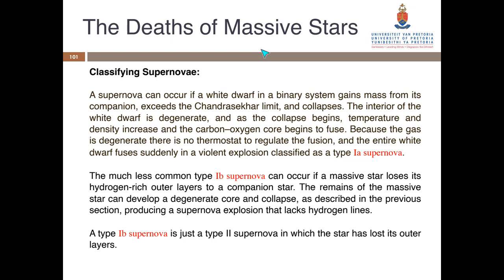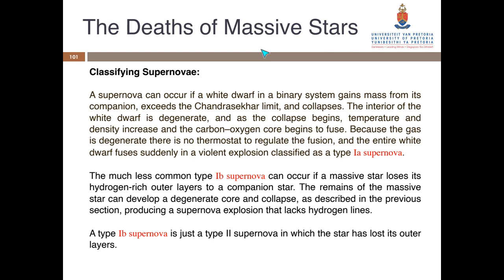The interior of the white dwarf is degenerate, and as the collapse begins, temperature and density increase and the carbon-oxygen core begins to fuse. Because the gas is degenerate, there is no thermostat to regulate the fusion, and the entire white dwarf fuses suddenly in a violent explosion classified as a type 1a supernova.